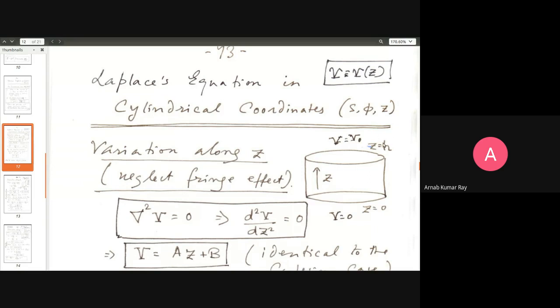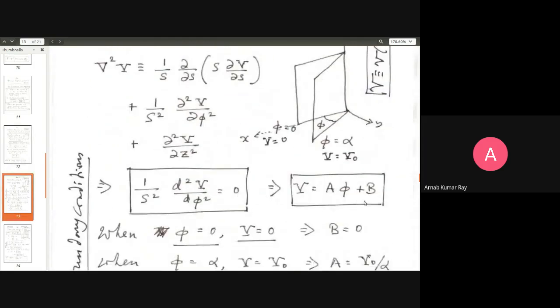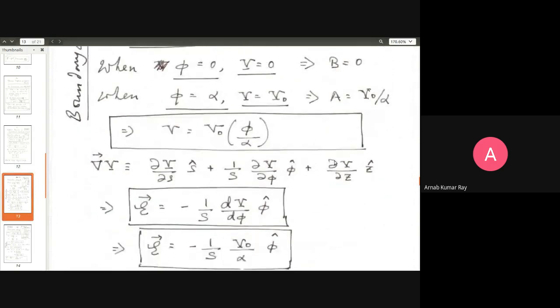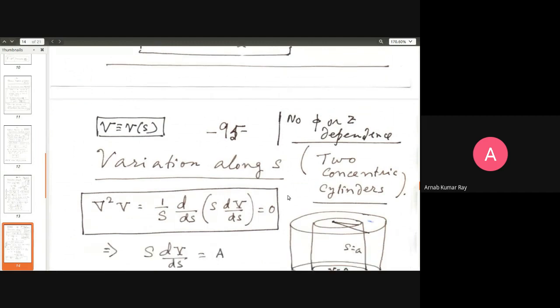In the cylindrical system, once again, we have found that both z here and phi here give the solution of the straight line. Now we are about to investigate the variation of the potential function V on the variable s, coordinate s.